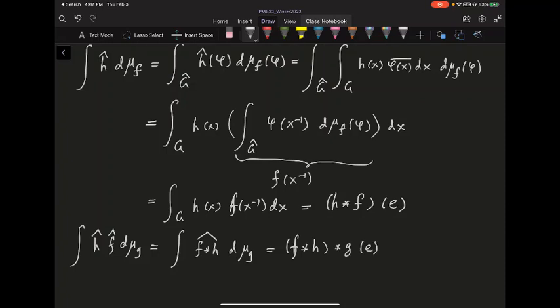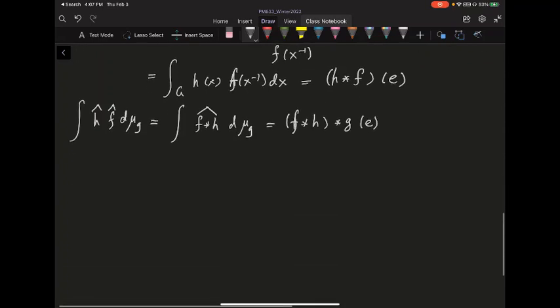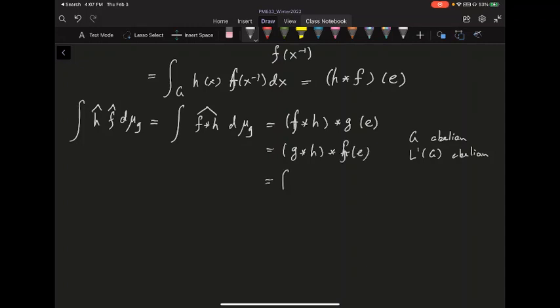And now, because our group G is abelian, the L1 of G is also abelian. So with this convolution, we don't need to care which way we convolve. We can just swap all the order as we wish. So let's swap the g to the left and put the f to the other side. This is fairly simple to see.